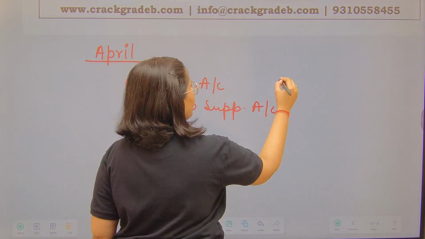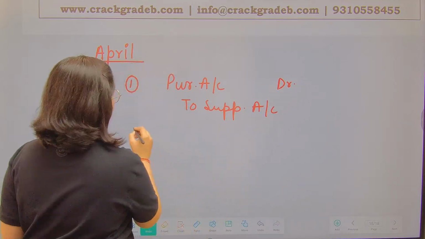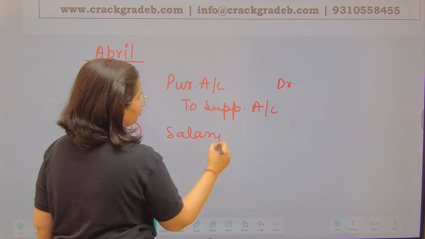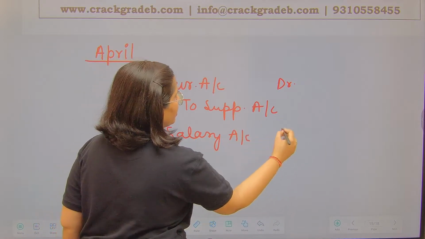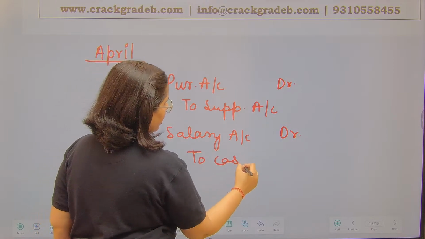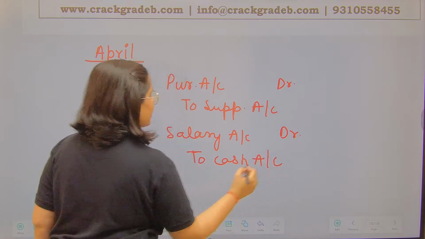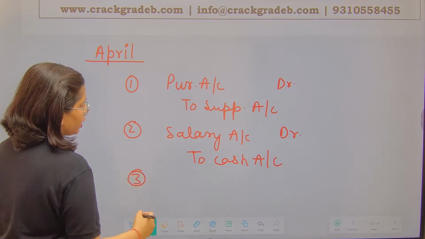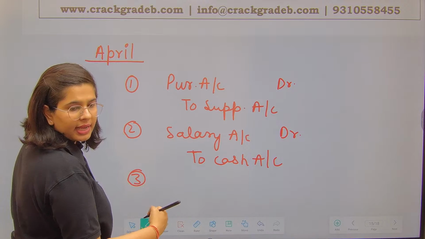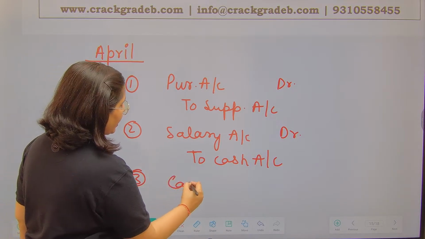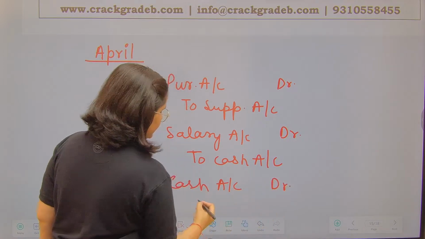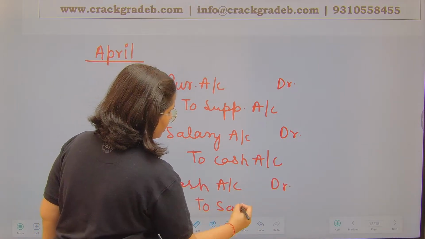After that, I paid salary to my employees, so salary account debit to cash account. After that, I have made some sales in this particular month. Now, sales are made, so money will be received, right? Asset is going to increase. So cash account debit to sales account.